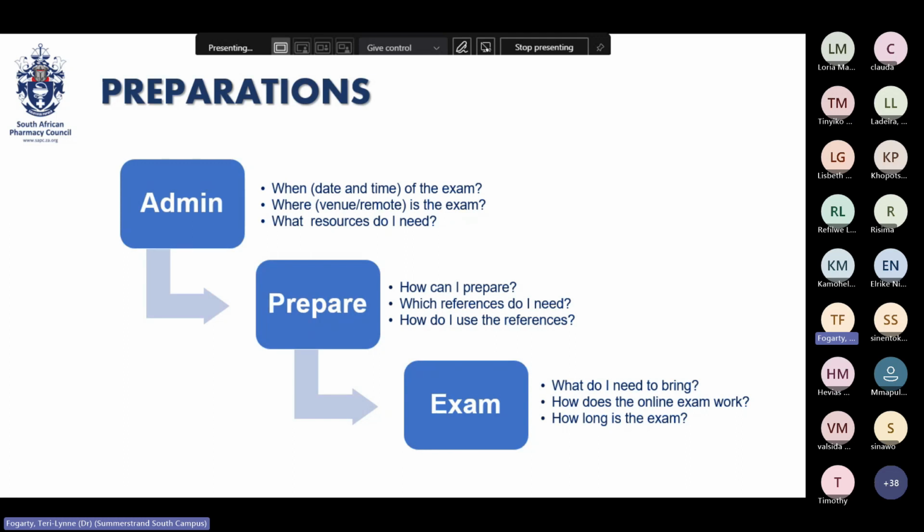How does the online exam work? And that's what council are going to speak to you about now. And how long is the exam? Okay, and so I'm going to hand over now to Taniko, and she's going to take you through the online exam platform. Thank you so much for being patient and for listening to me for so long.